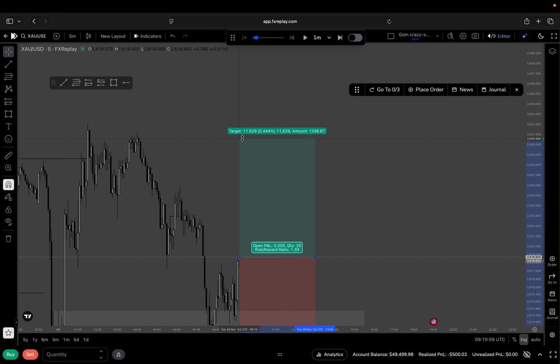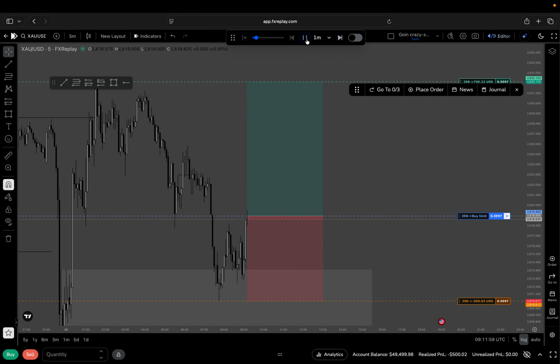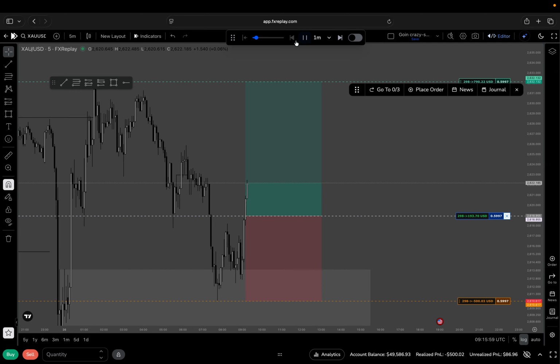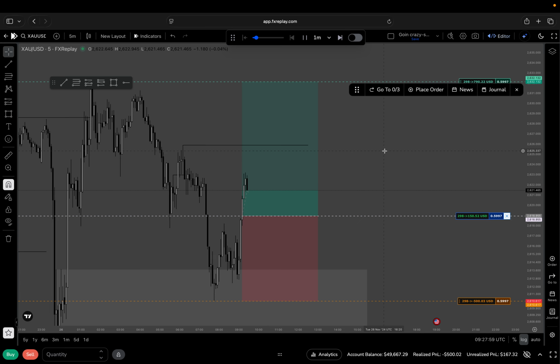You can actually look to target these highs up here. That is the most recent structure. See what we do with these highs here.